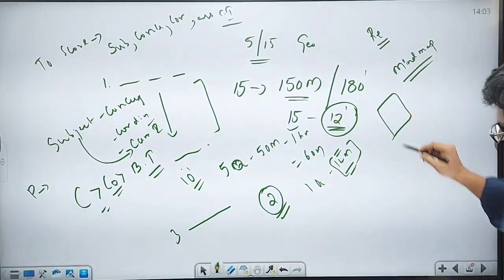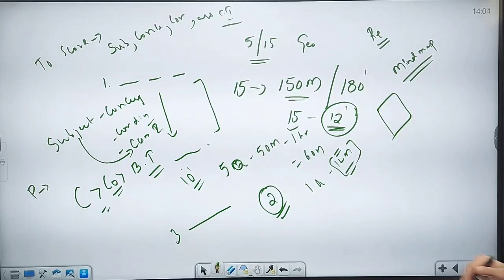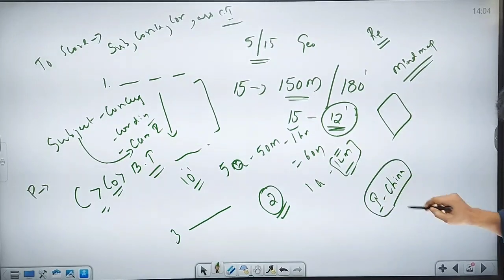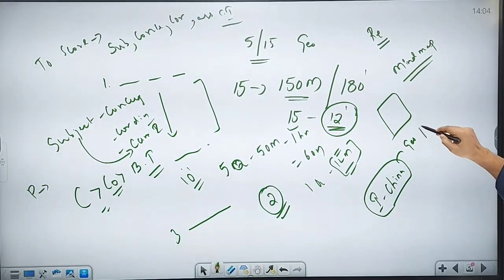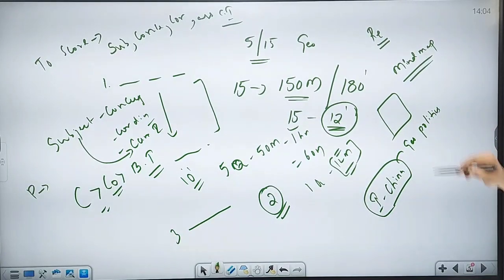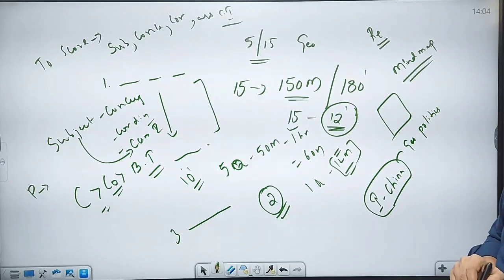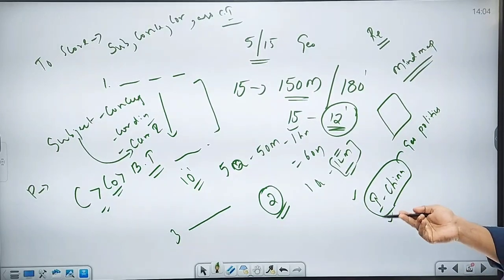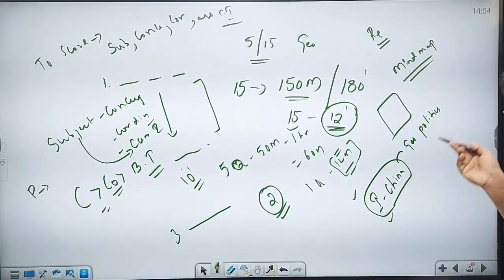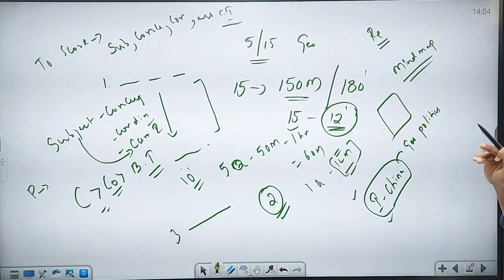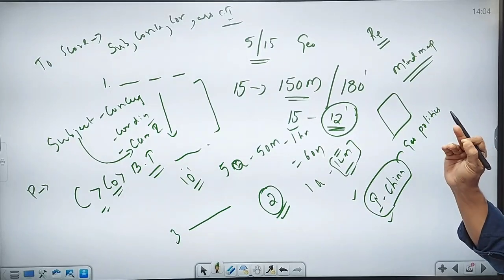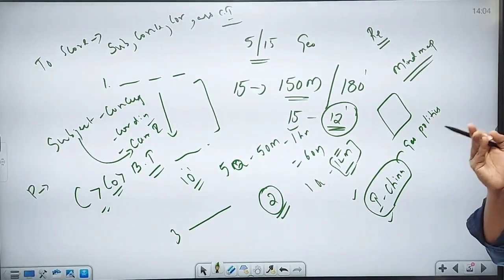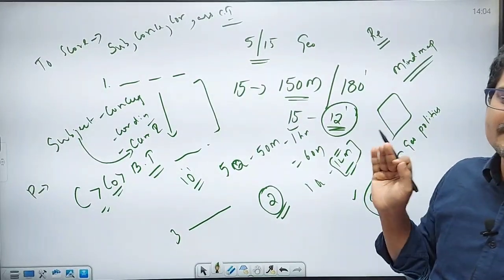The mind map contains, for example, if they ask you about Indo-China relations or Indo-China geopolitics, and it carries only 10 marks, we have to give the answer in 10 or 15 lines or 5 to 6 paras. So what are the paras you are going to write in the answer sheet? The brief introduction of each para is in our mind map on the rough page. Then it is very easy to write the complete answer in your main answer sheet.